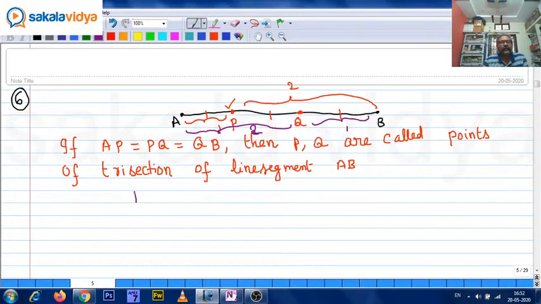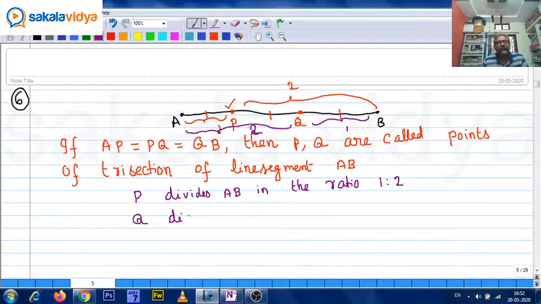That means P divides AB in the ratio 1:2, and Q divides AB in the ratio 2:1.